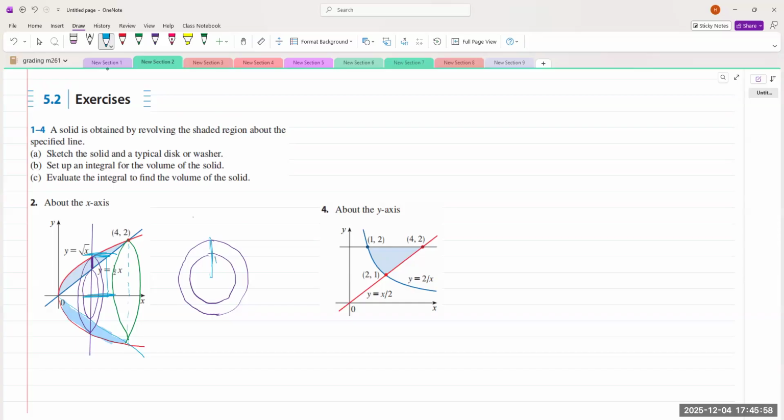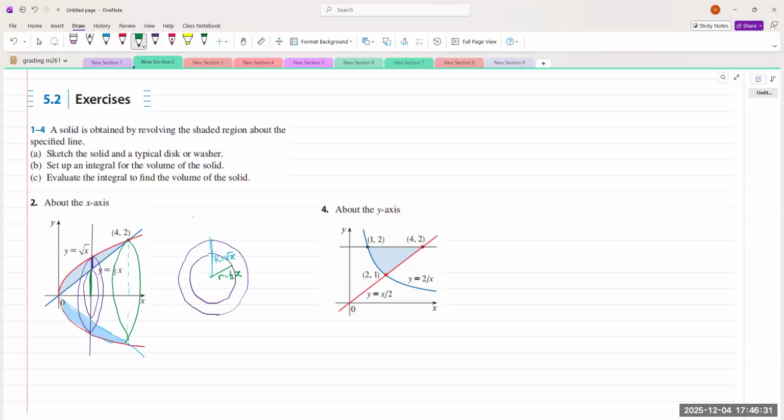So the big radius is square root of x, while the smaller radius is the one here, which is y equals 1/2 of x. So the smaller radius is 1/2 of x.